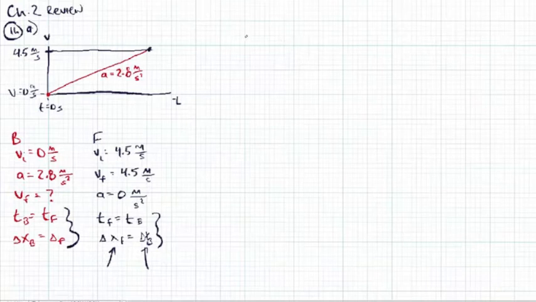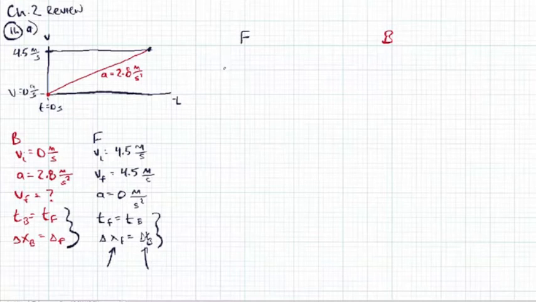So at the top here, I'm going to write an F for friend, and I'm going to write B for the biker. And what I'm going to do is write an equation that solves for the displacement of the friend. Well, what do we have with the friend? We have the initial velocity, the final velocity, and we have the acceleration as well.